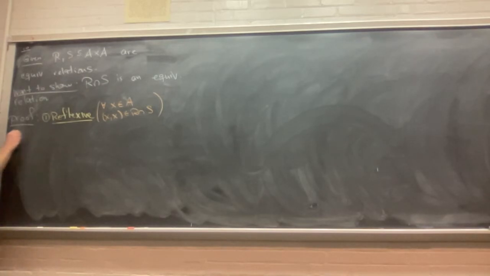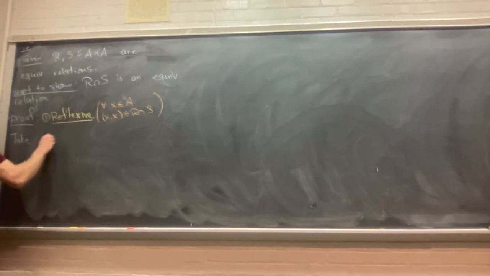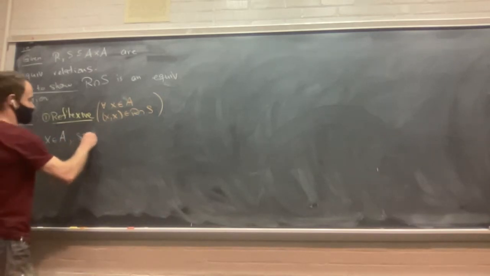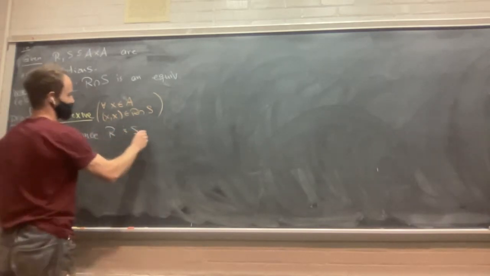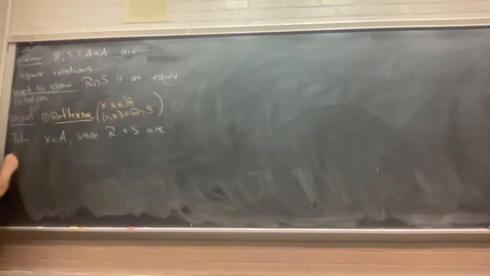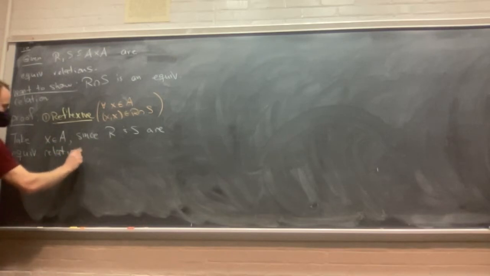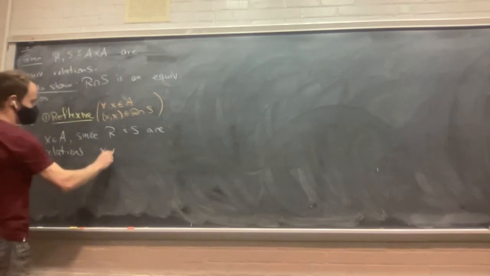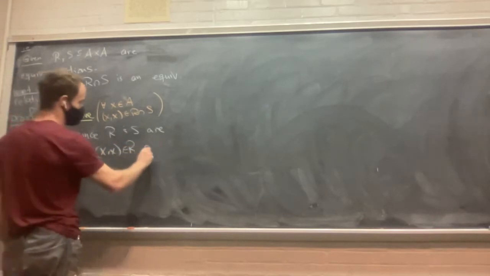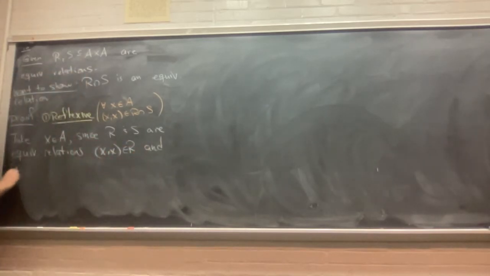Let's take an arbitrary x from our set A, and notice that since R and S are equivalence relations, we know that (x, x) is in R and (x, x) is in S, because R and S are individually reflexive, right?